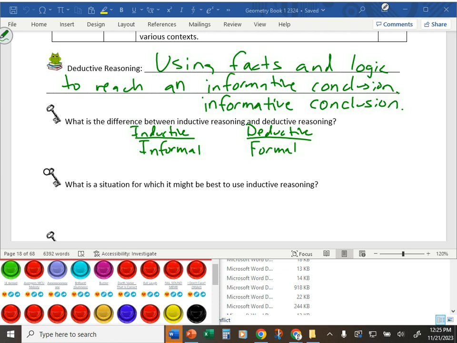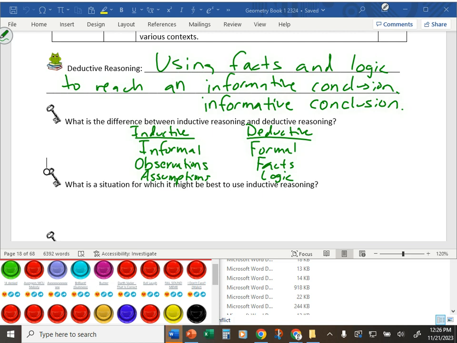We talked about inductive reasoning using observations and assumptions. Yep, just keep on writing. Okay. And deductive reasoning uses facts and logic. Okay. Those are the key differences between them.